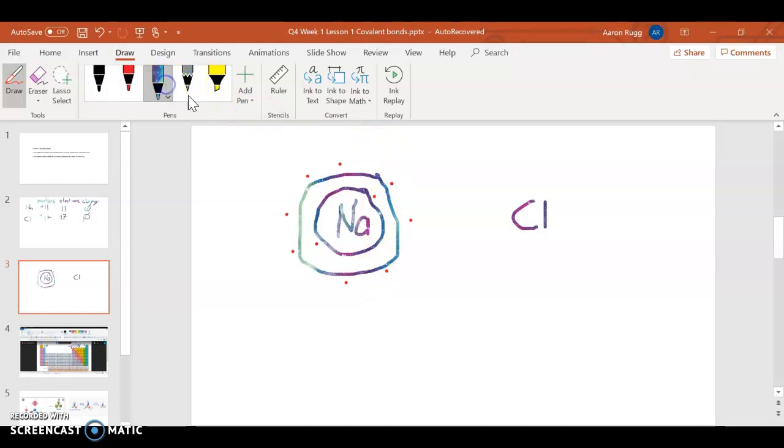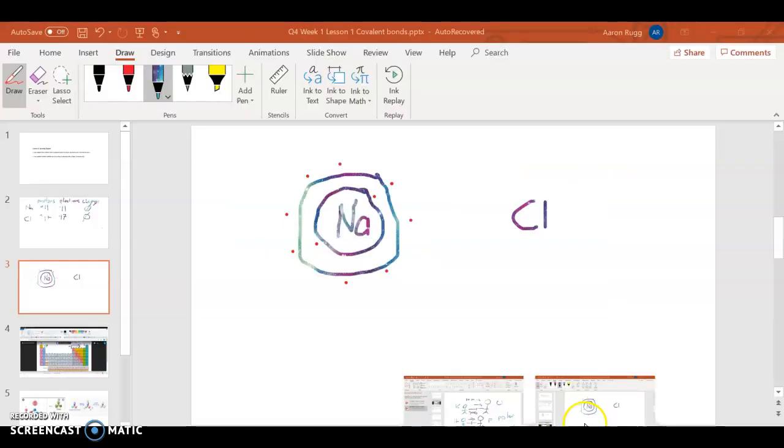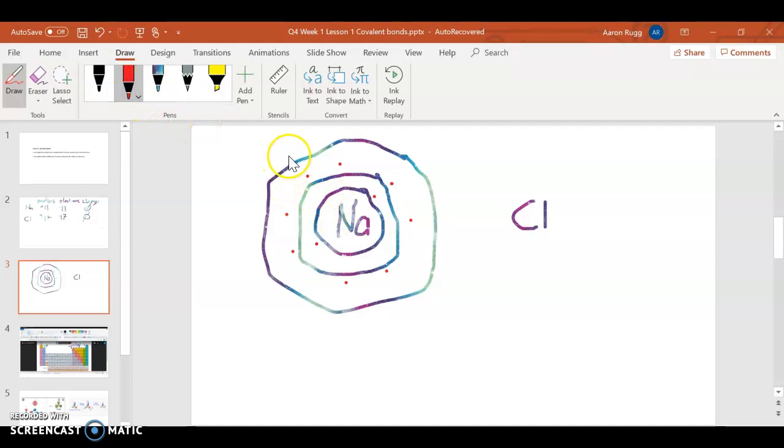Now I'm going to go out to the third energy level. Third row. If I add another ring, now I can have the same number, 8 electrons, that I had before. 1, 2, 3, 4, 5, 6, 7, 8.